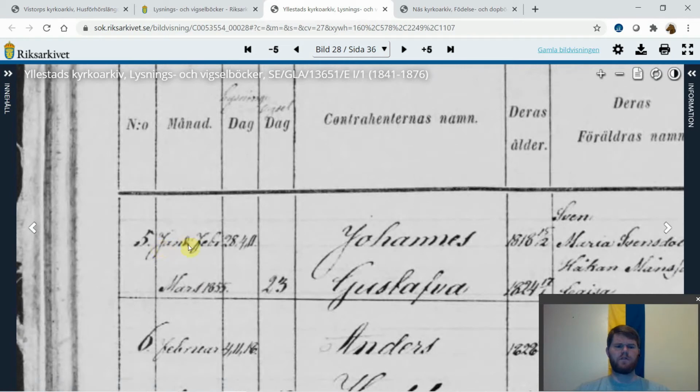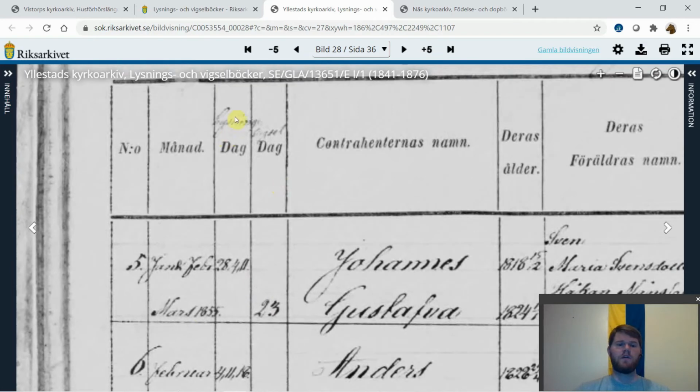We've got this January and February 28, and we've got this March 23. So up here, they had written in right here, this is the word for banns. This is the word for marriage. So this right here is going to be when they had done the banns, and this is their marriage date.